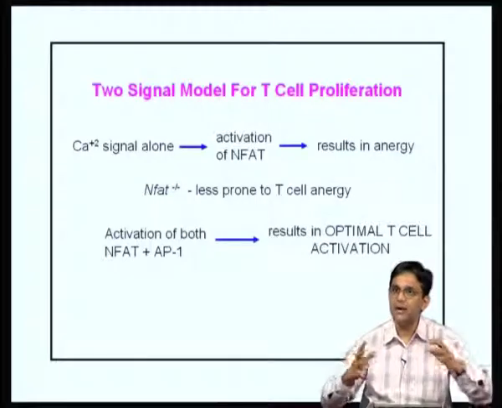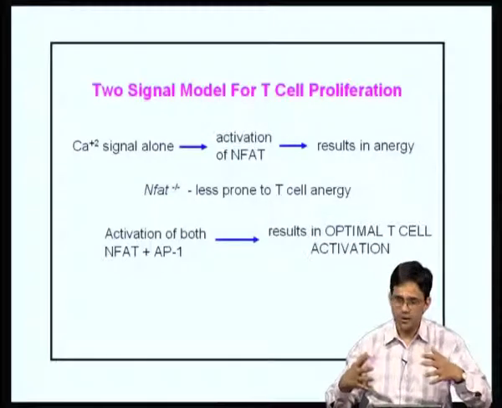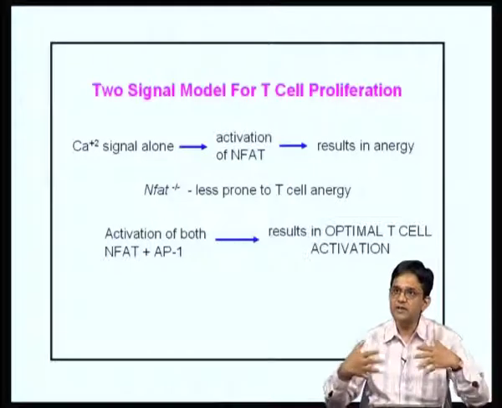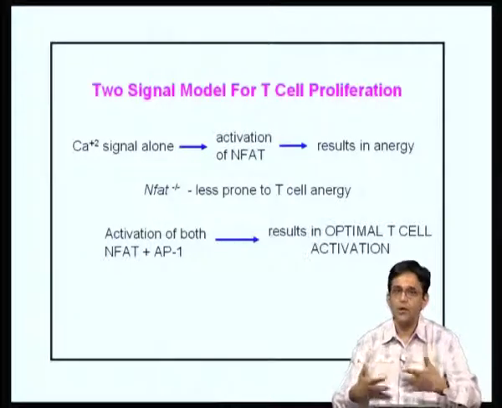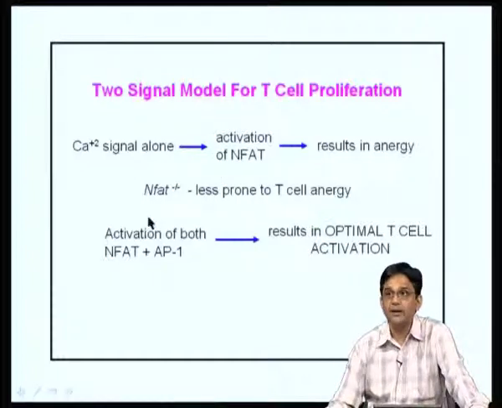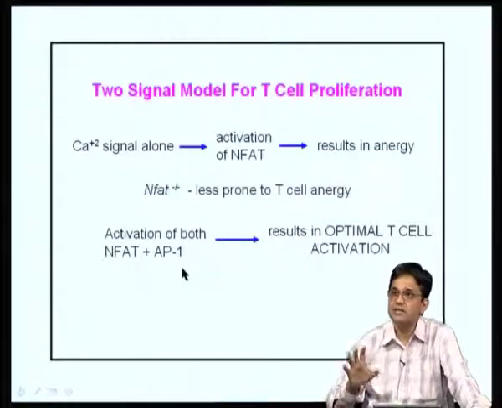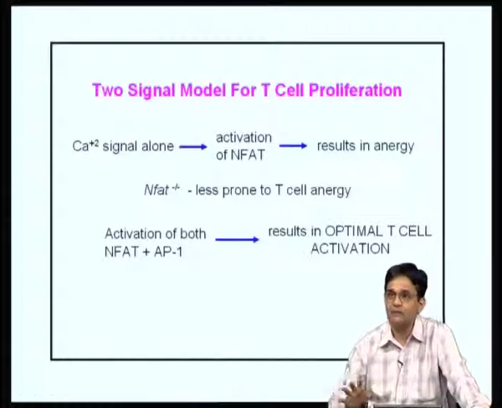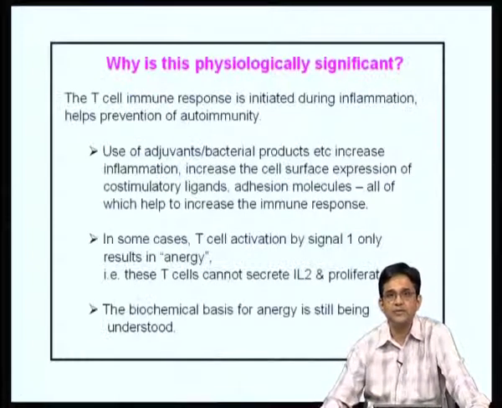So you need a combined input of different signals to tell the cell that now it needs to be activated properly. In fact, mice that lack NF-AT are less prone to T cell anergy. What is shown over here is that activation of NF-AT, AP1 and NF-kappa B are all required for optimal T cell activation.